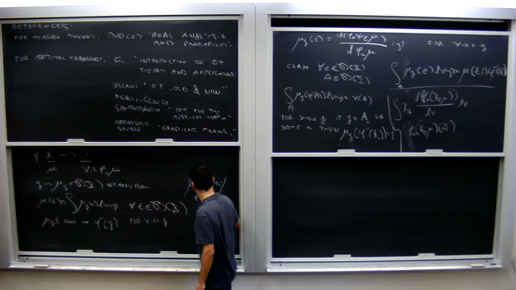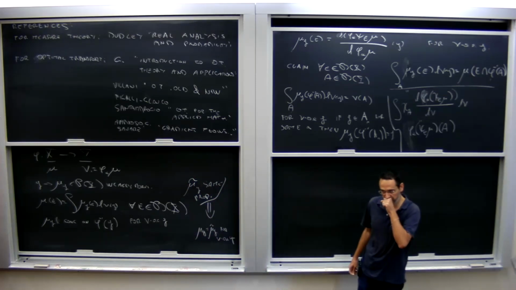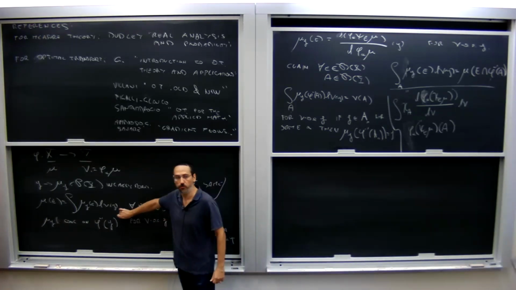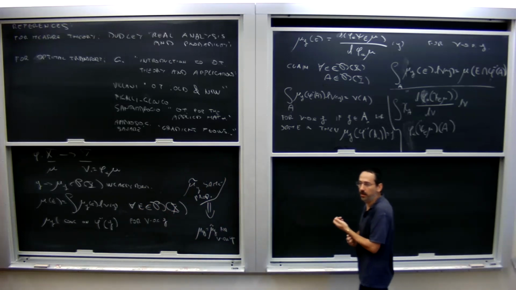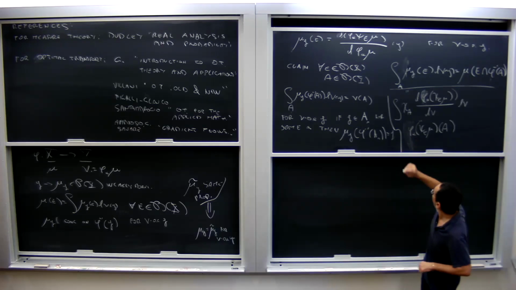Then the uniqueness is that mu y should be equal to mu tilde y for nu almost every y. That's the uniqueness statement, right? Which is the strongest kind of uniqueness statement that you can hope for out of an integral identity like this. You can always change these measures on a negligible set, and this is not relevant. And why is that the case?